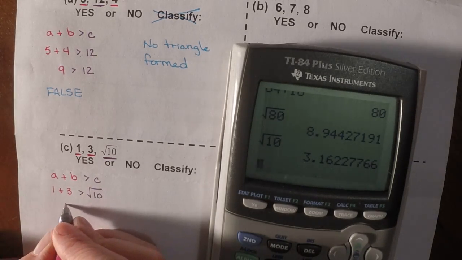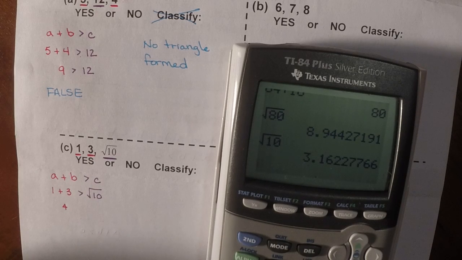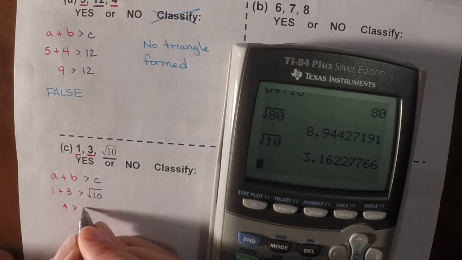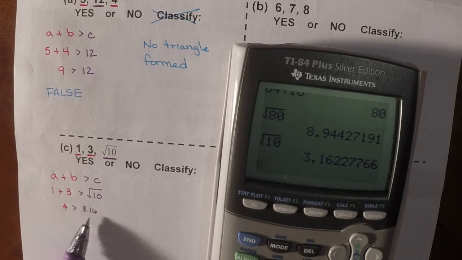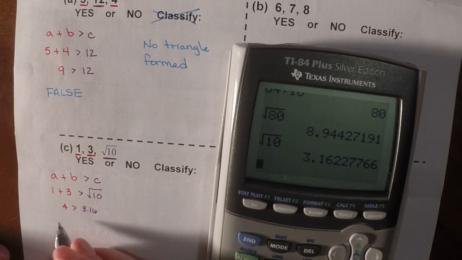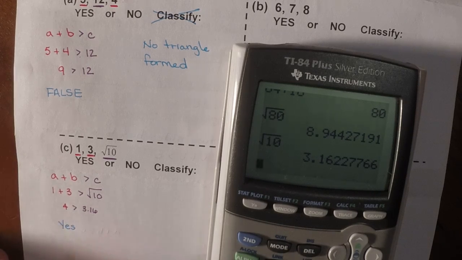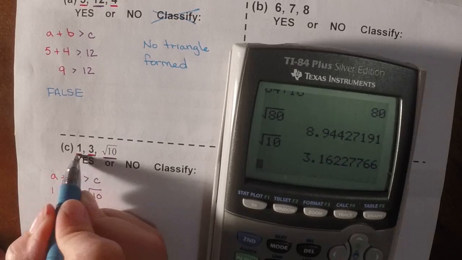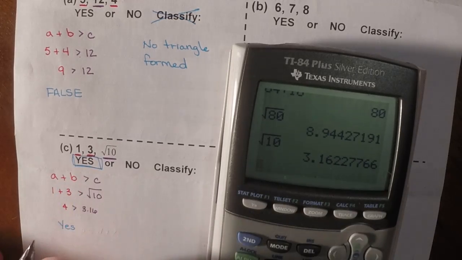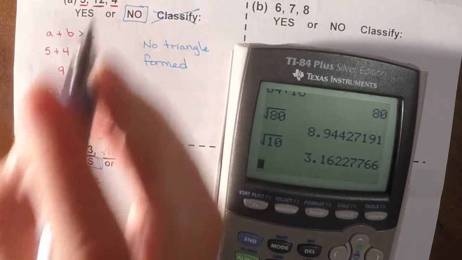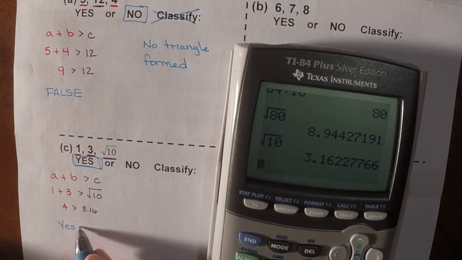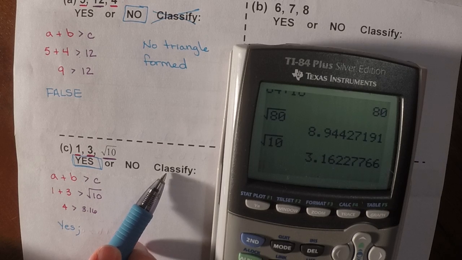Well, 1 plus 3 is 4, and the square root of 10 was 3.16, blah, blah, blah. So is 4 greater than 3.16? Yes. So can a triangle be made? Yes. Oh, sorry, up here I guess I should have circled no. So then if it can be made, we're supposed to classify.